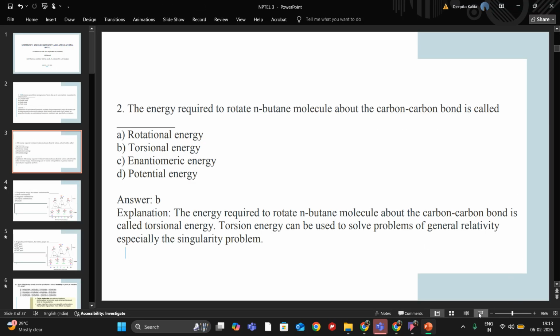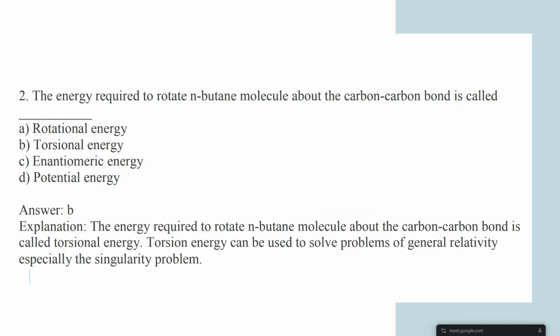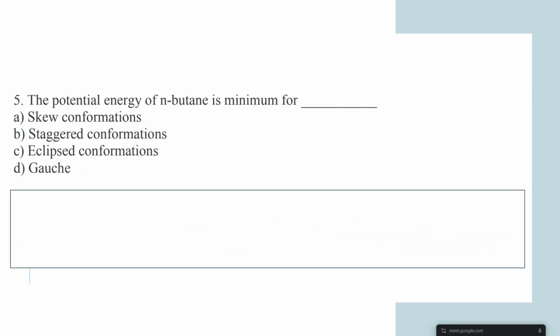You can note down the explanation as well. Whenever we are going to talk about conformations of an organic molecule, we will always involve the concept of torsional energy. After that, now we will go through the energy profile diagram of N-butane in this question.